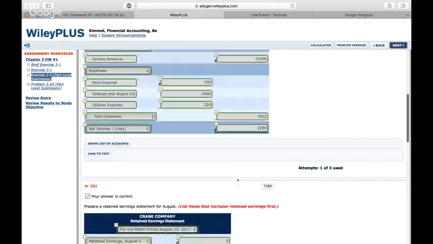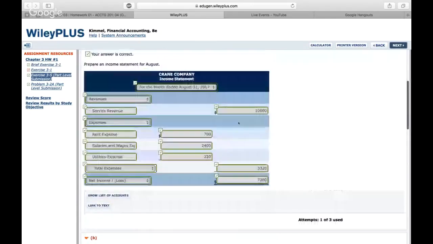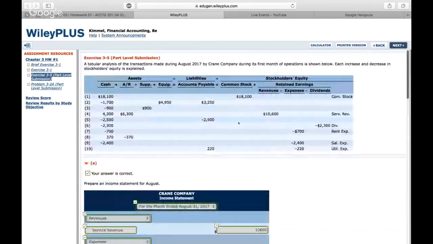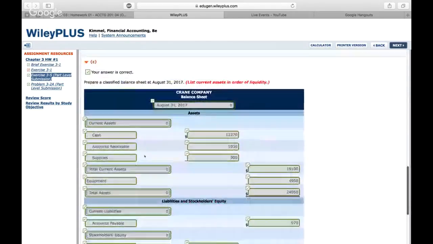You scroll down to the retained earnings statement. You say for the month ended August 31st, 2017. We look for retained earnings on August 1st. Come up here. Like, well, do I see any retained earnings? Is there anything? There's service revenue, dividends, expenses, common stock. Not really anything going on. So we know that retained earnings is going to be 0.